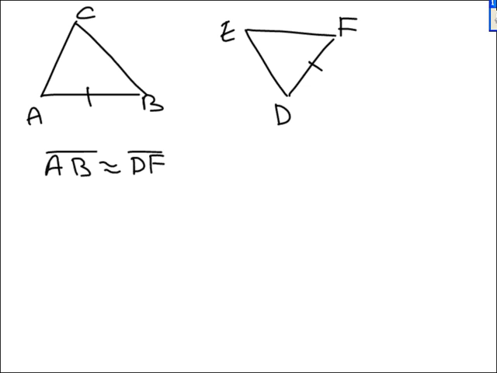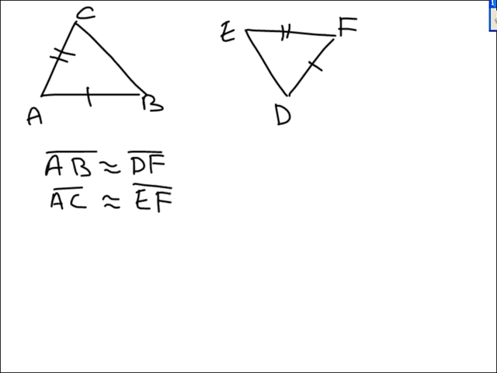I'll give them one slash. And we're also given that the lengths AC and EF are congruent. AC and EF, they are congruent.